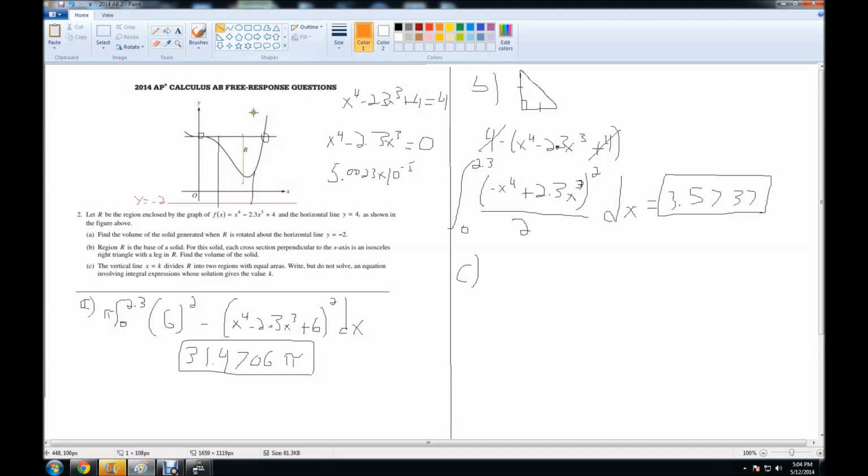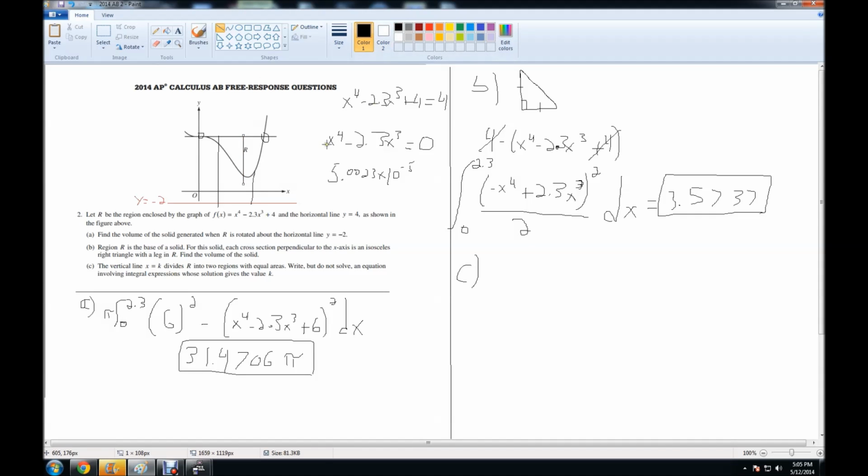It should tell us that the integral from 0 to k, or from k to 2.3, of 4 minus x to the power 4 minus 2.3 x cubed plus 4 should be equal to the entire integral, 0 to 2.3 of that whole thing, divided by 2.